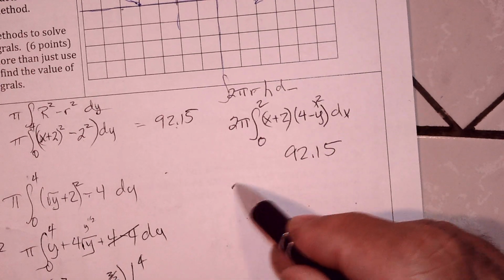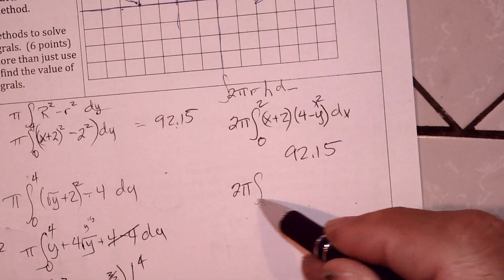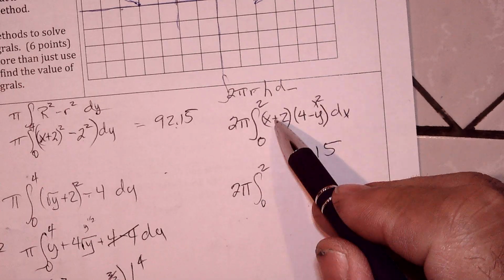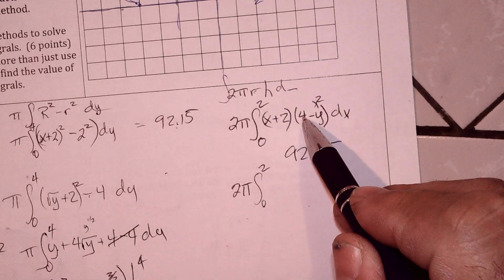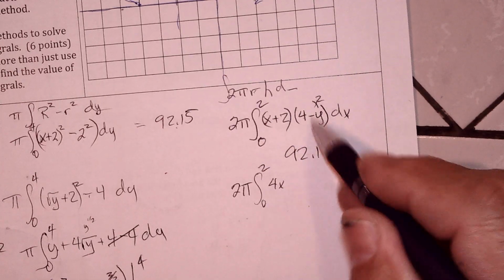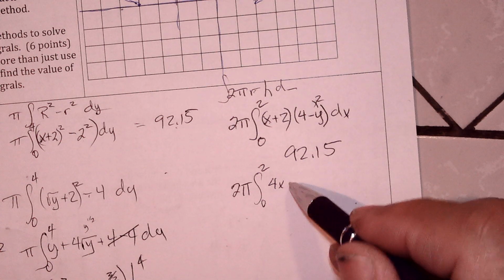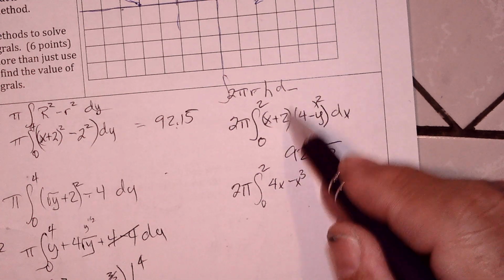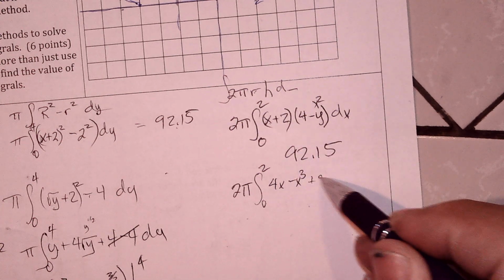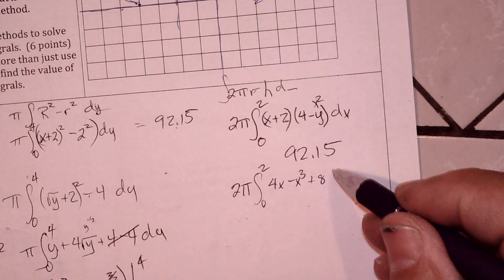This one is going to be 2 pi, 0 to 2. This is x squared, so I got x times 4. X times x squared. 2 times 4. 2 times x squared.